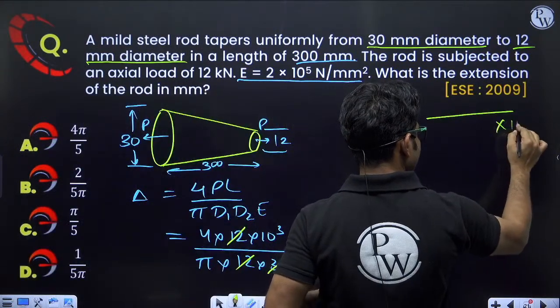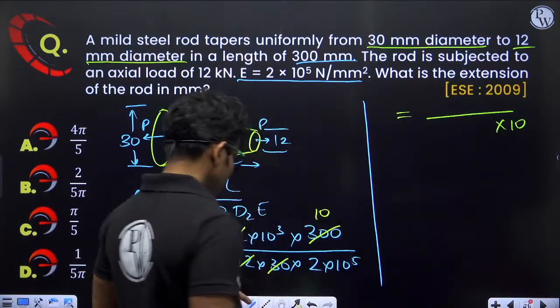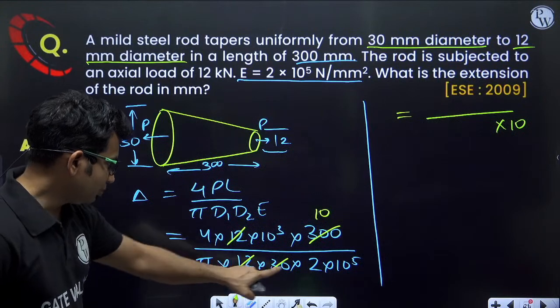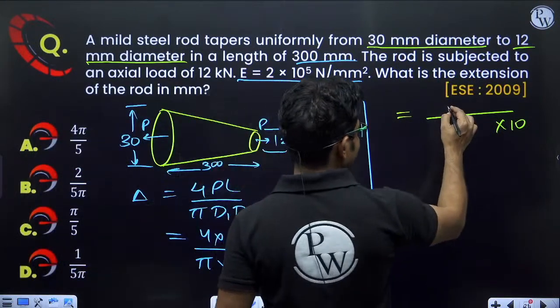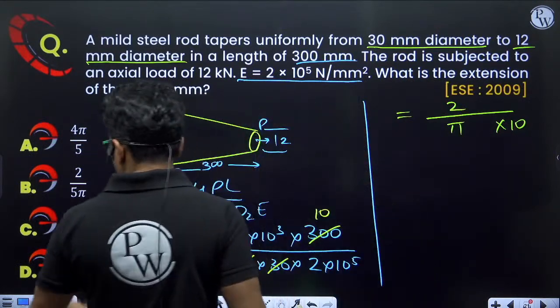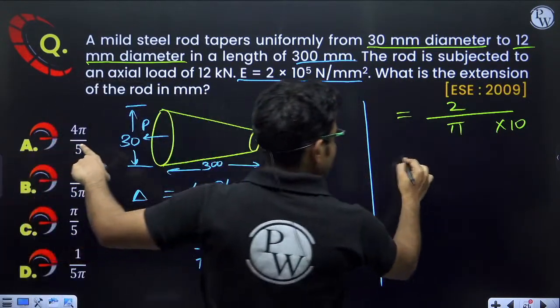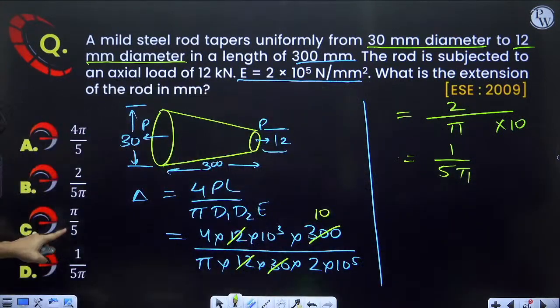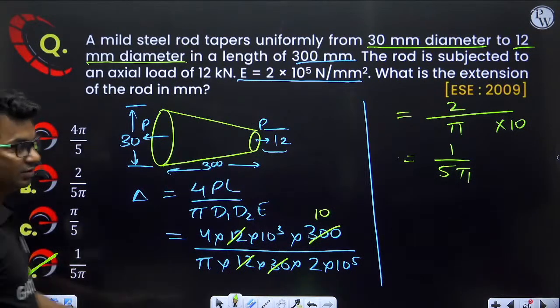Now 4 divided by 2 pi, that means 2 upon pi into 10. So 2 upon pi into 10 gives us 1 upon 5 pi. 1 upon 5 pi is the correct answer. That means option D is correct. Clear?